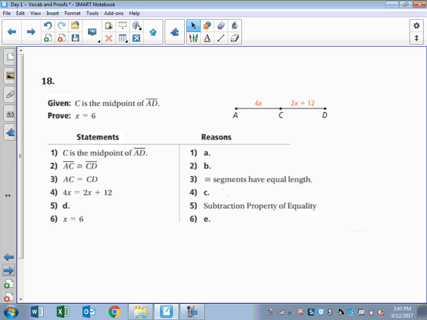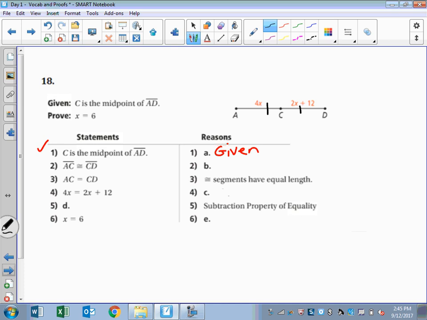So for 18, C is the midpoint of AD. First step is always given. AC is congruent to CD. So this part and this part are equal. Well, how do we know that?